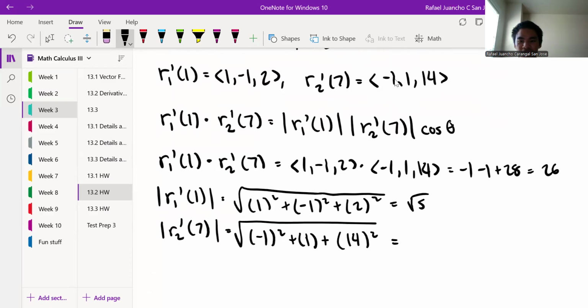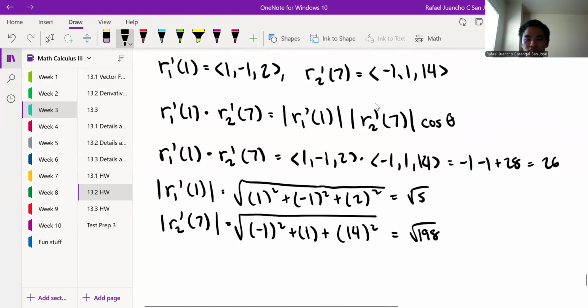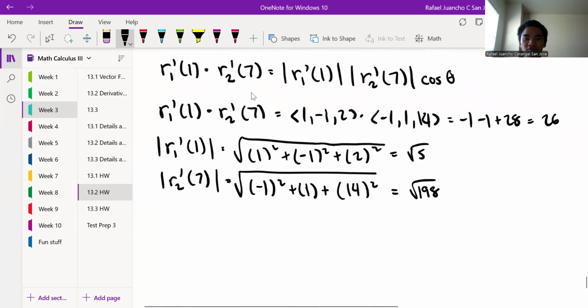We have 1 + 1 + 14 squared, 1 + 1 + 196, 198. Does that have a square root? It doesn't. Great.